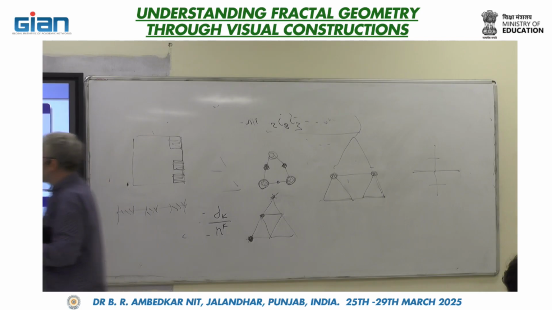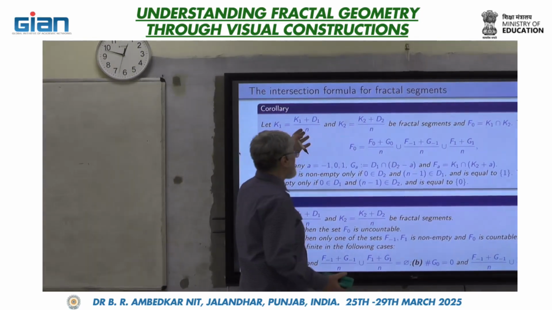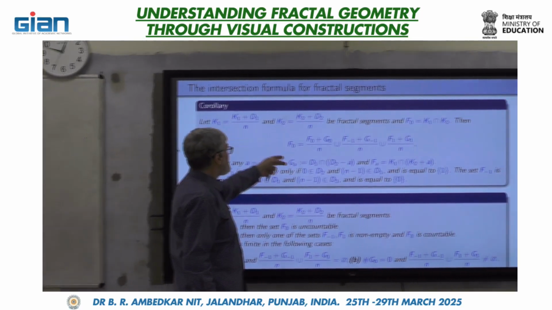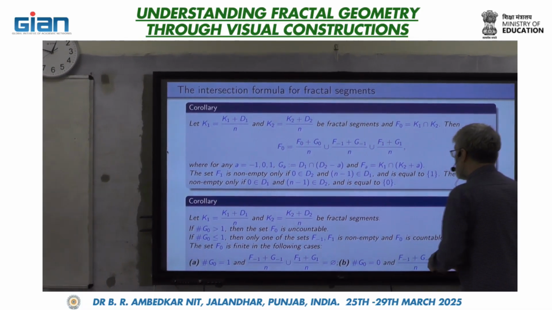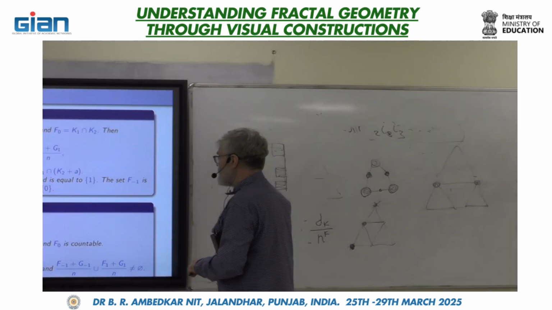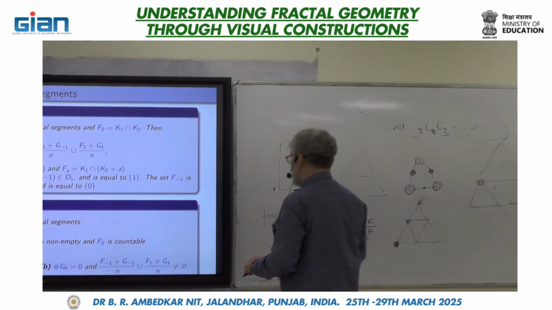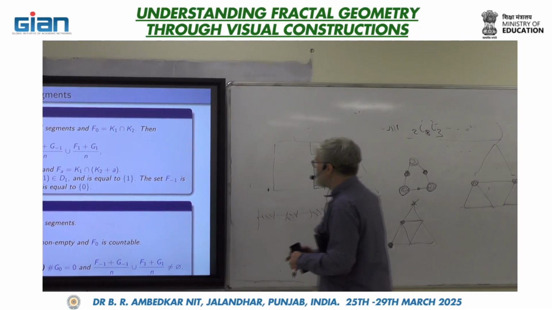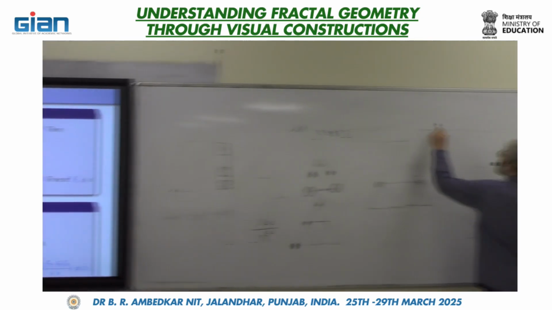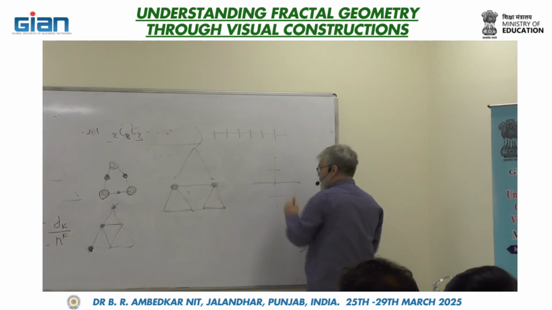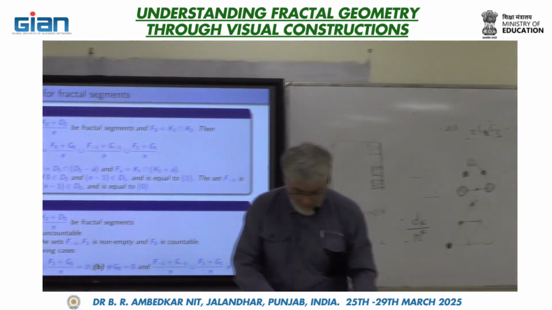The problem is, suppose we have 2 fractal segments, then the intersection can be written in this form. Maybe I will skip these details. It depends on the 2 fractal segments. I will write one segment and the other segment.